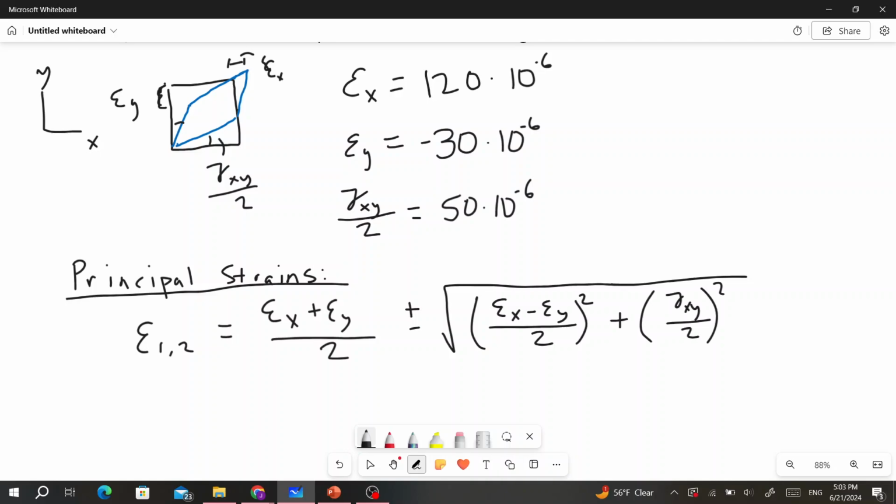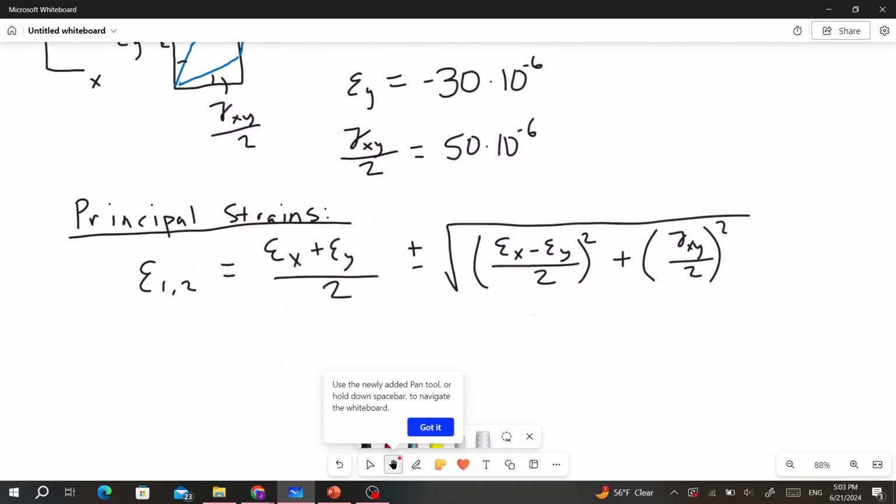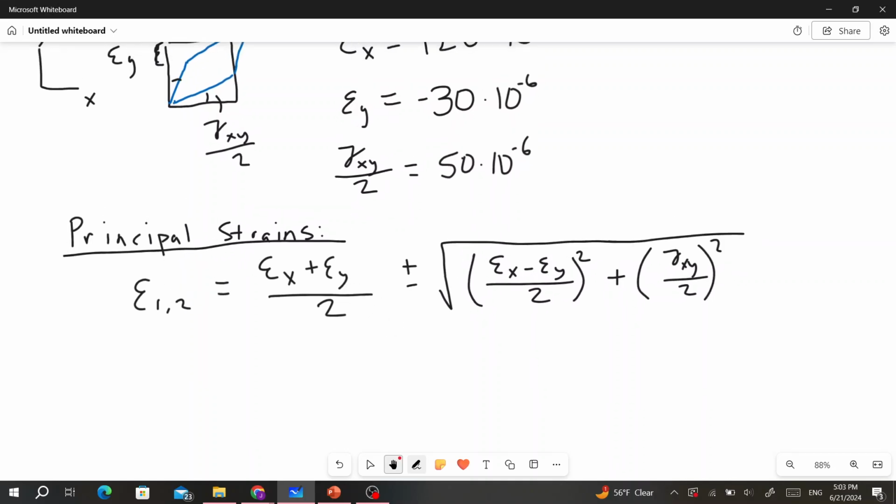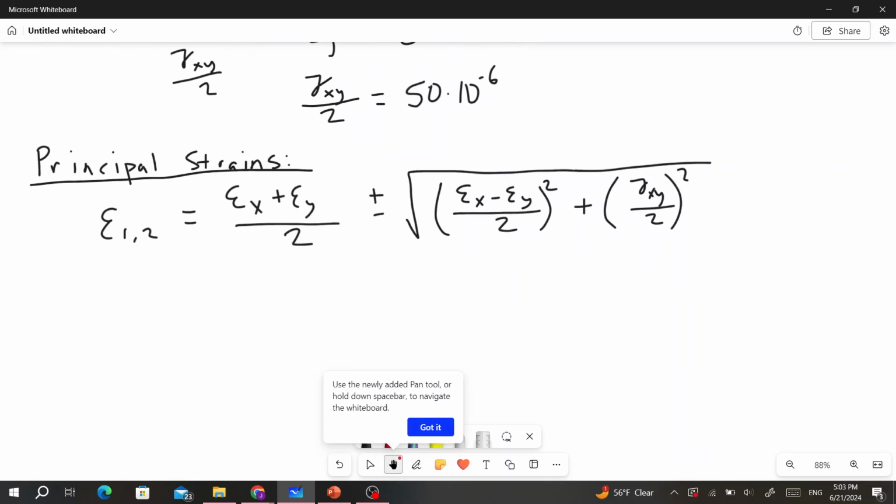Okay, so from here, this is just simply plugging everything into a calculator, and we're going to get that epsilon 1 is going to be equal to 142.3 microstrain.